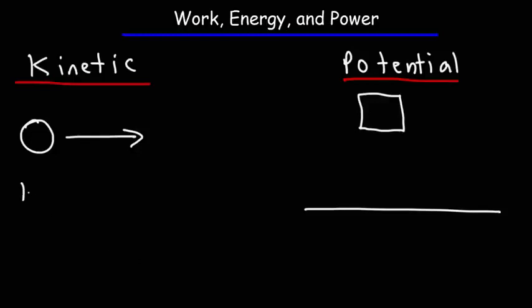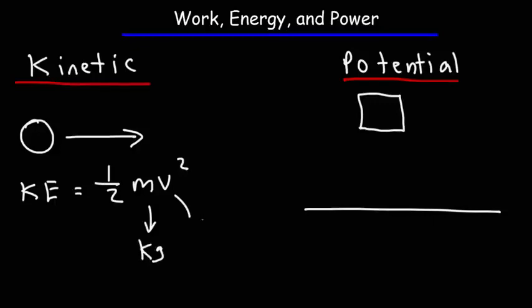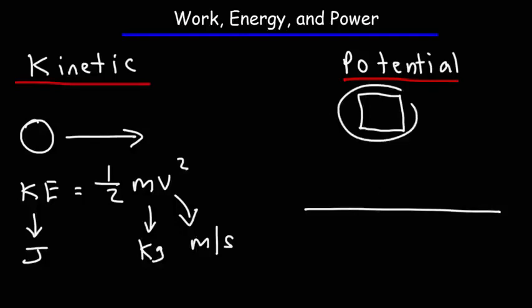To calculate kinetic energy, it's equal to 1/2 mv squared, where m is the mass in kilograms and v is the speed in meters per second. When using these units, you're going to get the kinetic energy in joules. Now potential energy, which is a type of stored energy, but this one is particularly gravitational potential energy, since this block has the ability to fall under the influence of gravity.